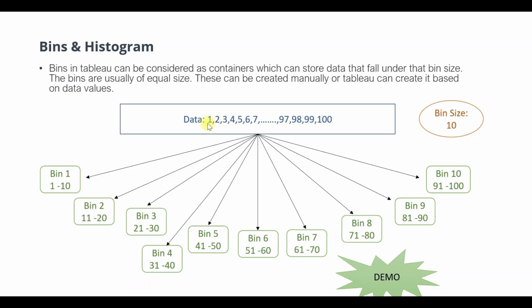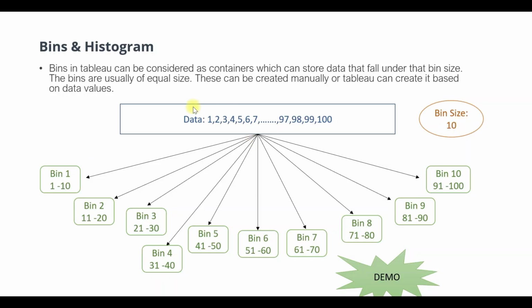So it has data like 1, 2, 3, 4 and so on till 98, 99 and 100, and the bin size is 10. So at every interval of 10 there would be a division and there would be bins created.